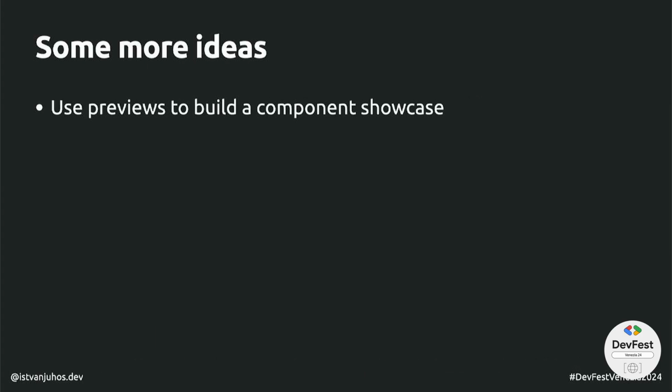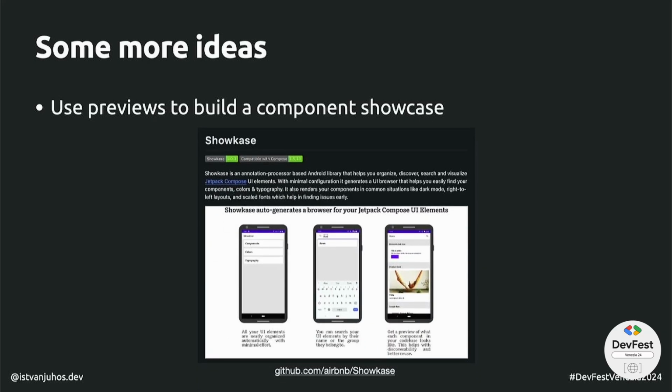Also, you can use previews to build a component showcase if you're building a design system, if you're sharing components with iOS folks or with desktop apps or with web or whatever. Building a component showcase might be a great thing. You can do it manually, or you can use some of the libraries out there already, like Showcase, to do your thing.